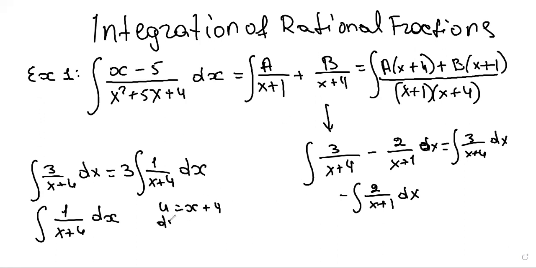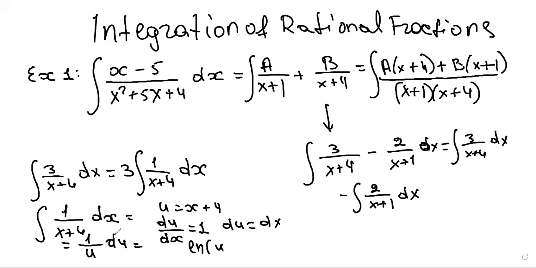If I take the derivative of both sides, du is equal to dx. So that makes the integral of 1 divided by u du, which is ln|u|. Substituting u as x plus 4 gives ln|x plus 4|. Since we took out 3, that will be 3 times ln|x plus 4|.